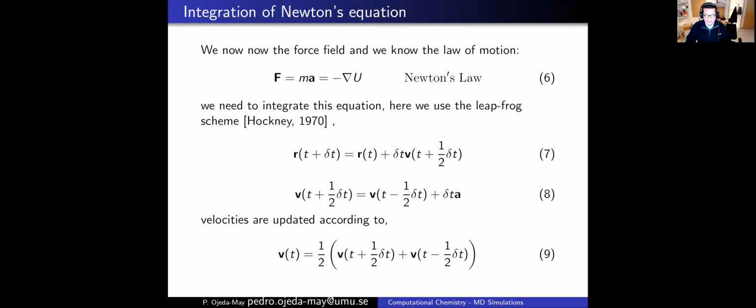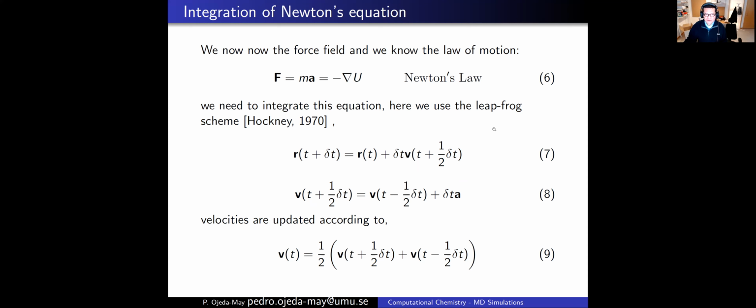And once all the energy terms have been computed, we can add them into this energy term here, and then we can do the integration. This is a second order equation, as I mentioned before, and we can integrate that with different algorithms.